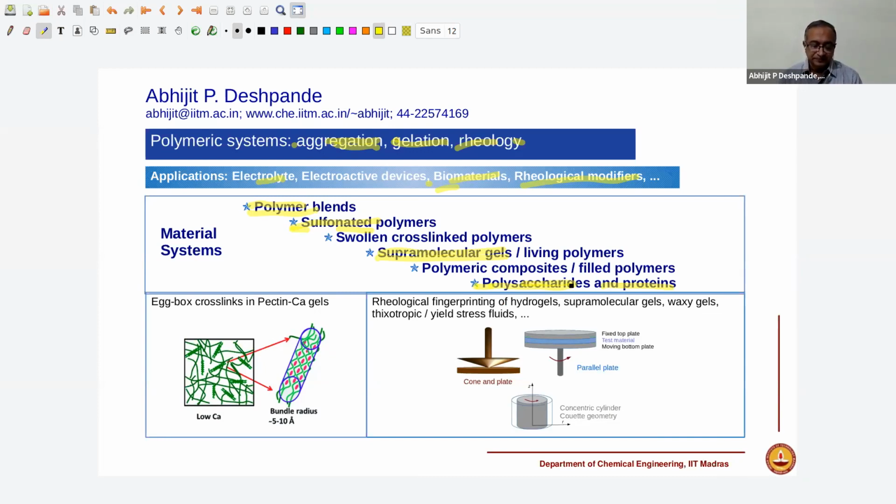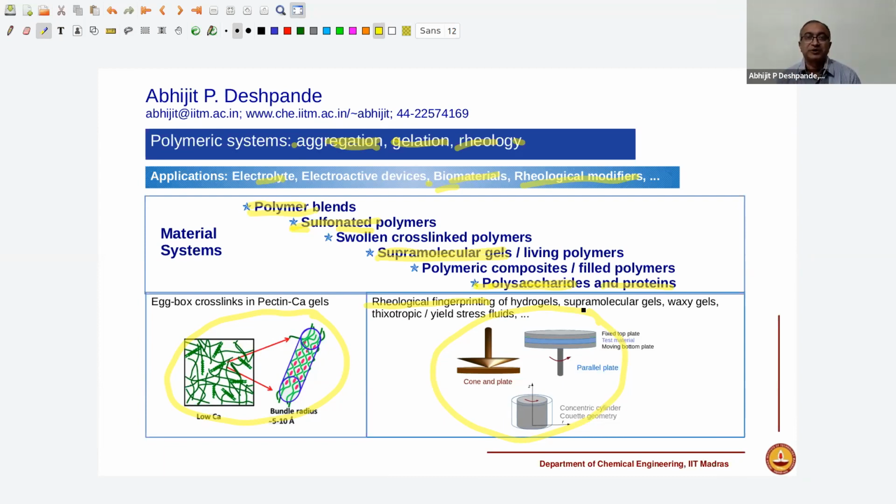A key emphasis in our work is also to look at the microscopic picture, and using that microscopic picture, try to understand the overall rheological response. Rheological response is basically measured using a standard technique where you take the material between two plates and shear under controlled conditions and then analyze the stress-strain response.